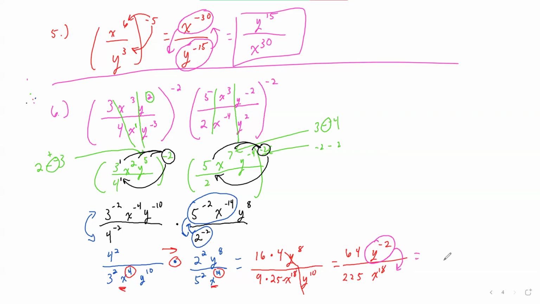So ultimately, our final answer is 64 over 225 x 18 y 2. All right, 64 and 225. Like I said, if you could have simplified, it was simplified at the very beginning. There's nothing to simplify there. And that is all that I have. Right? This is 1 and 2.